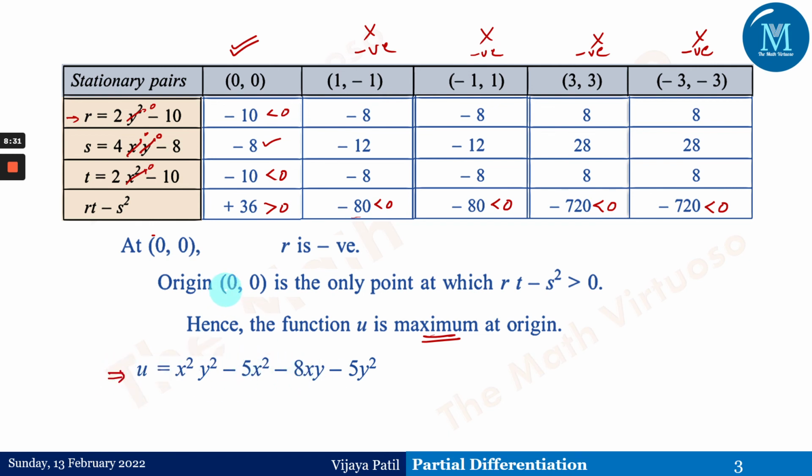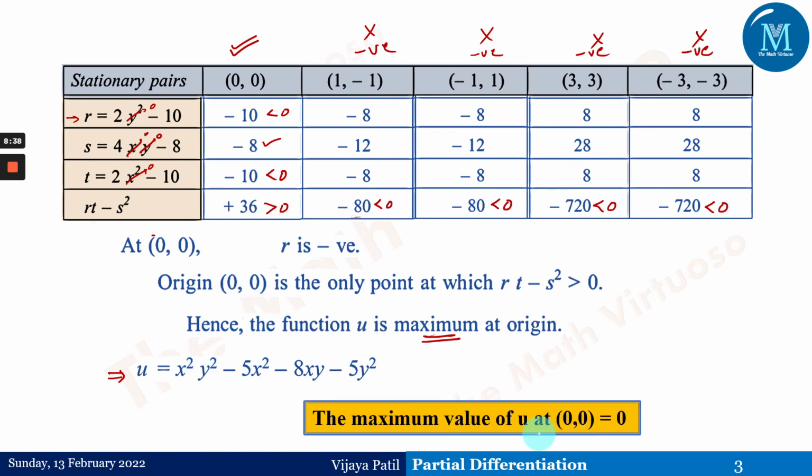And if you put x is 0, y is 0 everywhere, you are going to get the maximum value of the function u at 0, 0 equal to 0, because there is no constant term here. This is another approach; it can also be done by writing this in a tabular form.